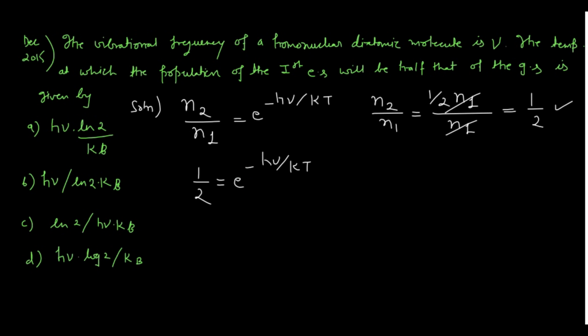So now I am changing this into the log form. I can take the log on both sides. So this will become natural log of 1 by 2, and since I have taken the log, the anti-log term will be eliminated from here, and you are left with minus of h nu by kT.